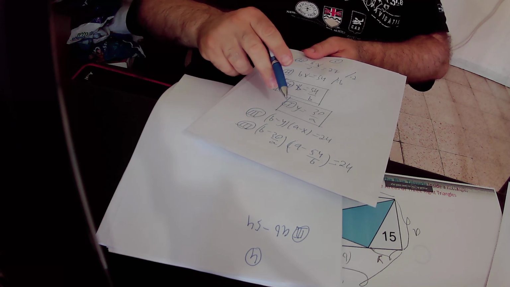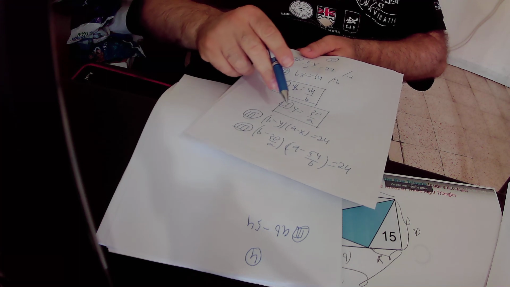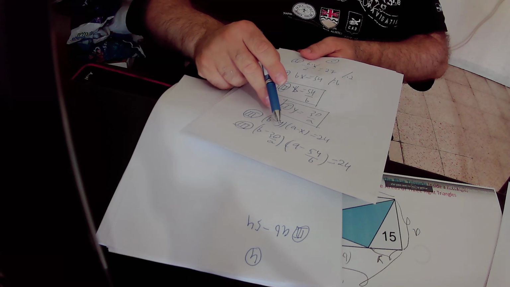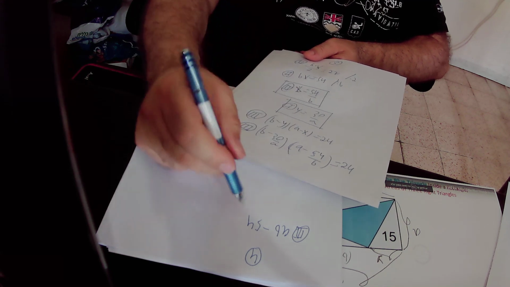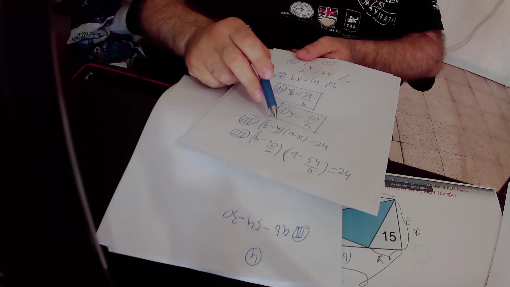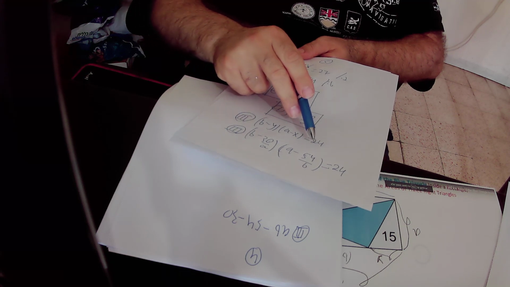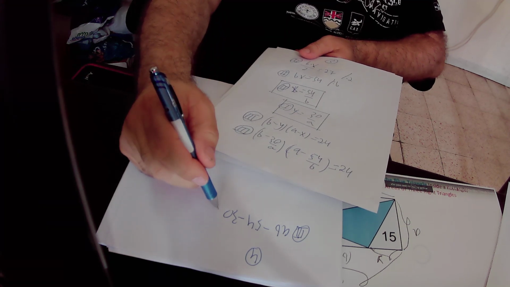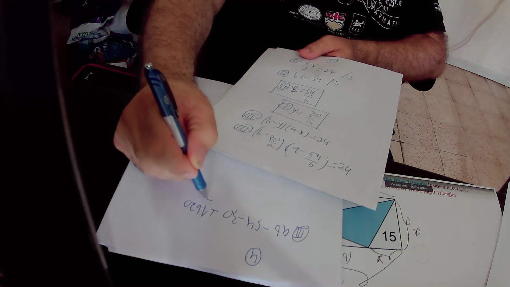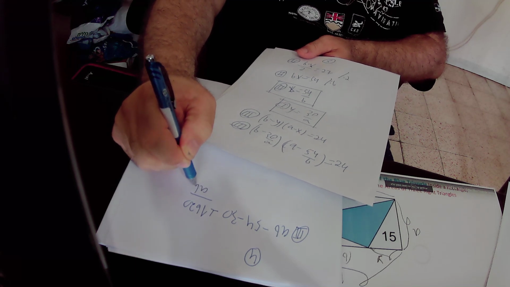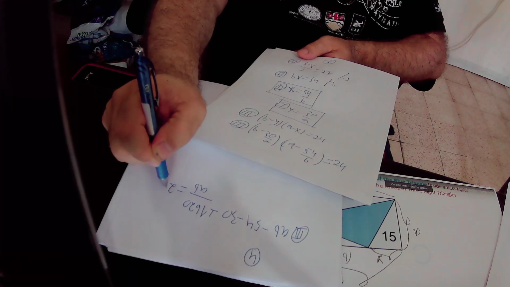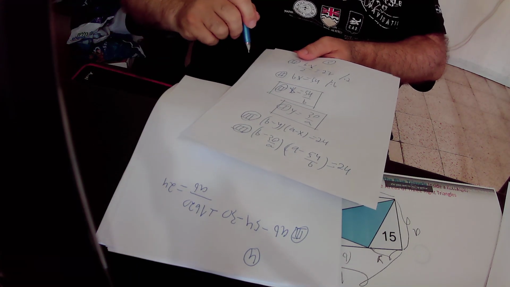Negative 30 over a times a is negative 30, and negative 30 over a times negative 54 over b equals positive 1620 divided by AB, all equals to 24.